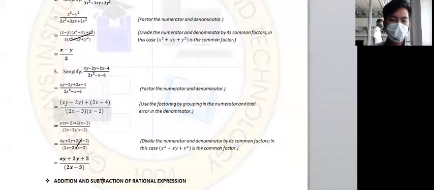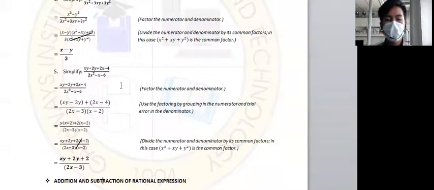So, we need to factor xy minus 2y. So, the factor of xy minus 2y is equal to y multiplied by the quantity x minus 2. Then the factor of 2x minus 4 is equal to 2 multiplied by the quantity x minus 2. Then, ganun lang din po yung gagawin po natin sa denominator.